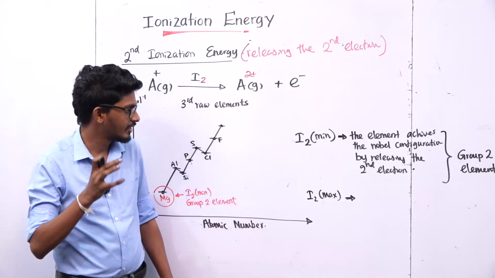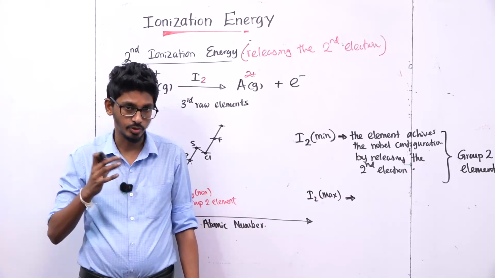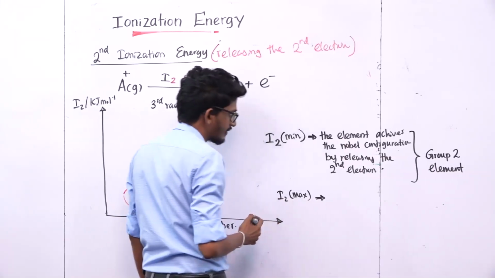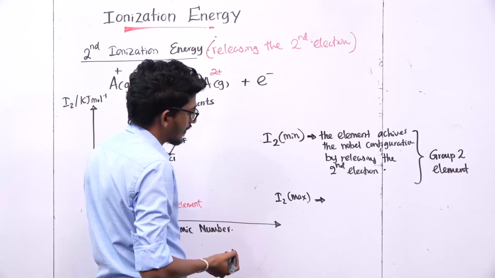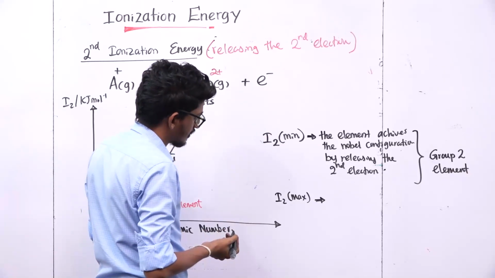So the one with the noble gas configuration shows the greatest I2, right? So I2 max is coming from the element with the noble gas configuration.